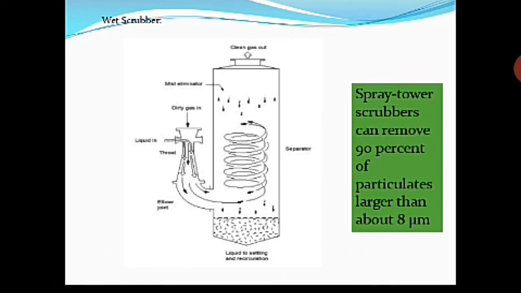Whatever mist there is, that is also removed here, and fresh air which is free from suspended particles comes out from the top side of this end. Okay, the efficiency of this method is 90%, and it can remove particles up to 8 micrometers.